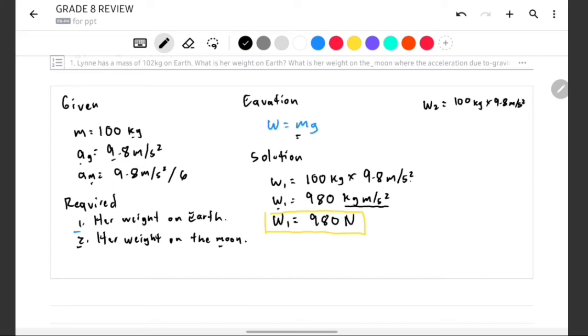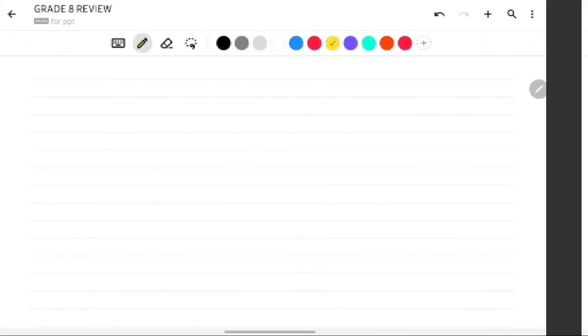So, ano yung 1/6 ng 9.8? Pwede natin i-shortcut, pero by this time, since 1/6 daw yung magiging weight niya, pwede natin siyang i-over 6. Okay? So, magiging 980 newtons divided by 6. Ano ngayon yung naging weight niya on the moon? Naging 163. Let's proceed for the second item.